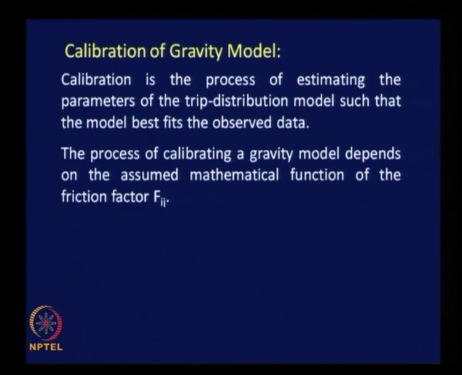The process of calibrating a gravity model depends on the assumed mathematical function of the friction factor Fij. Initially we have taken Fij as 1 by Wij raised to power c. Wij is a bundle of several factors related to the modes of transportation, including foot, bicycle, IPT, public transit, motorized personal vehicles and so on.